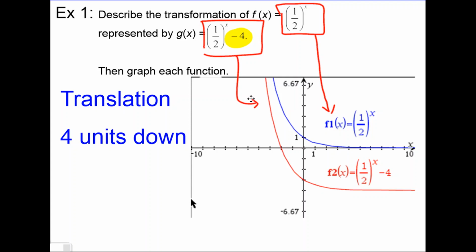Then you would transfer that to your paper. So remember, you might have to press Control T for the table so that you can plot those points. Other than that, everything else is the exact same as it has been every other time we've done these transformations. It's just a different parent function.